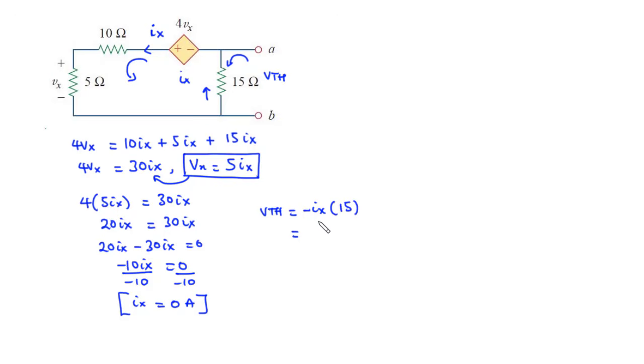Now we have Ix to be 0, so negative 0 is still 0. So we have 0 times 15, and that is equal to 0. Therefore we have VTH to be equal to 0 volts. Therefore we had RTH to be equal to 7.5 ohms, and then VTH to be 0 volts.